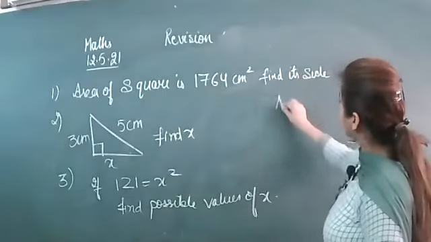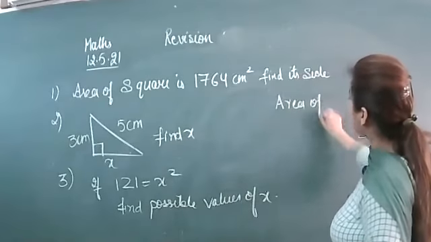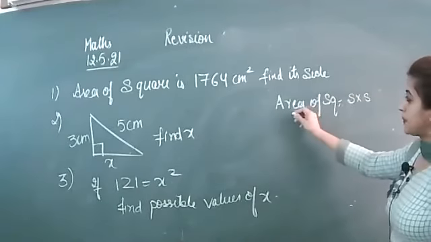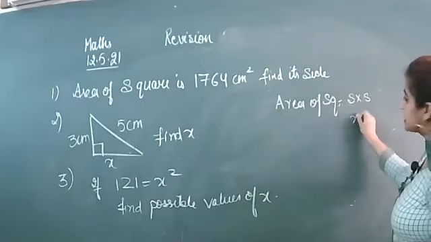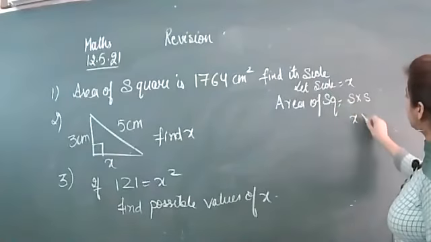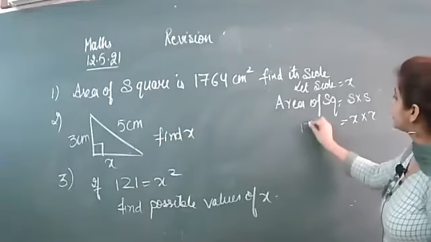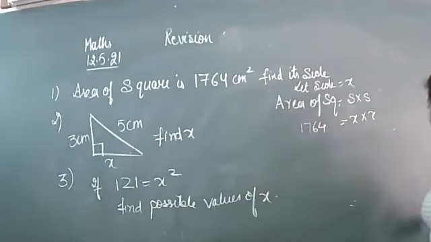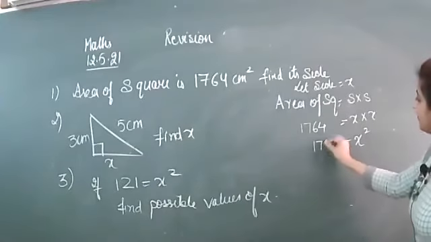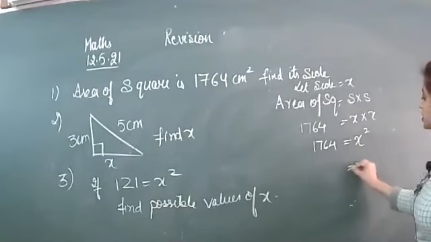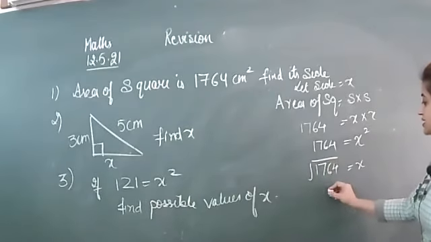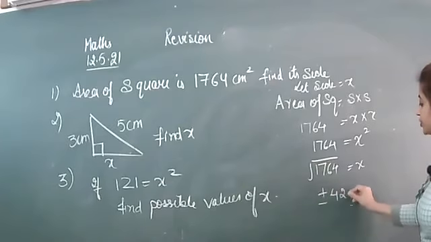Area of the square, you will write in this manner. Area of square is side into side. Side you can take as x. Let side be equal to x. This will be x into x is equal to 1764. Now x into x is x square equal to 1764. You will remove this square, it will become square root, and after taking the square root, the answer is plus minus 42.